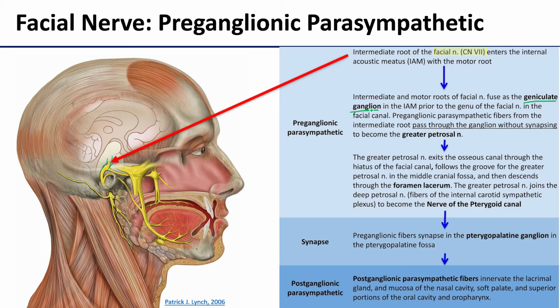So genu means a bend, so genuflect means to bend the knee. And it's at this point, those fibers of the intermediate root pass right through that ganglion. They do not synapse, and they are moving forward as the greater petrosal nerve.